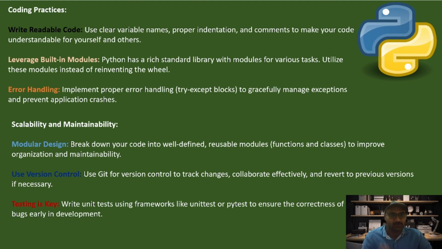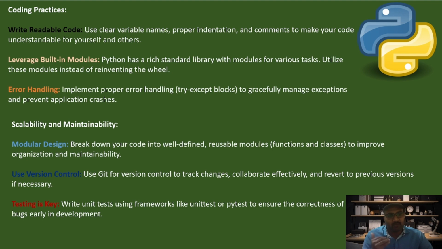Utilize these modules instead of reinventing the wheel. On the other hand, error handling is very important. Implement proper error handling, try, except, and finally blocks, to gracefully manage exceptions and prevent application crashes.